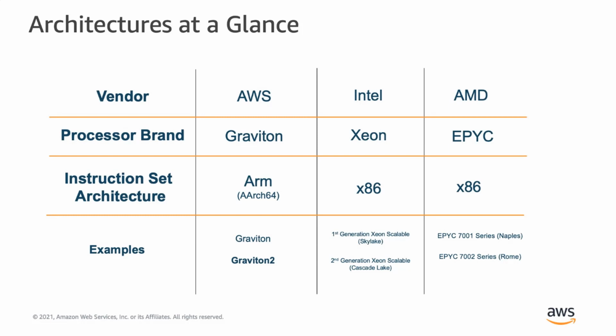And you can see that both of them, even though they're different vendors, different brands, share the same instruction set architecture. The instruction set architecture is really the low-level commands that you're giving the CPU.